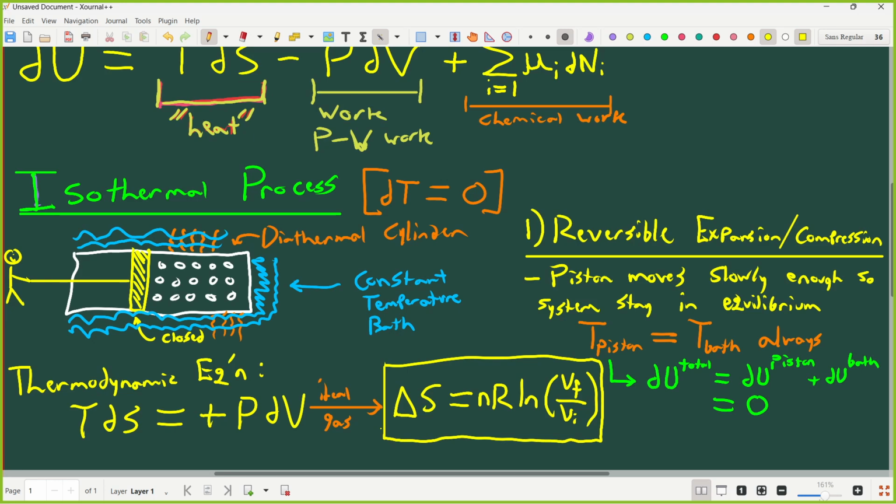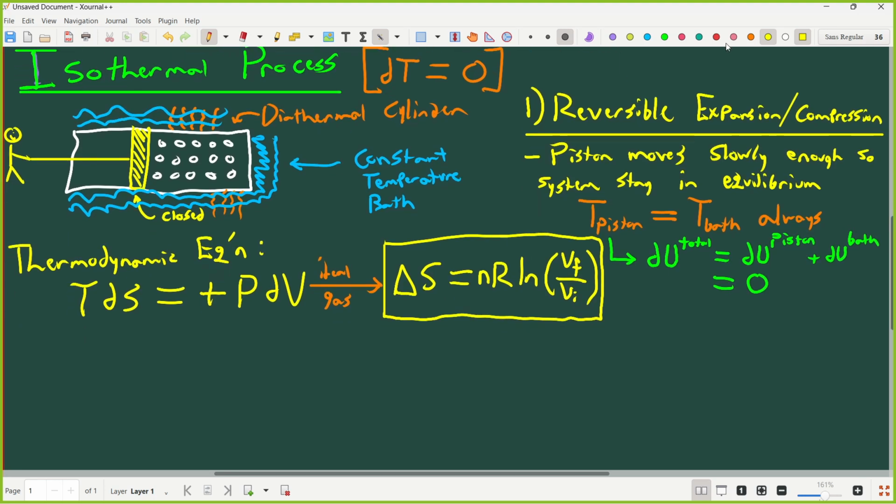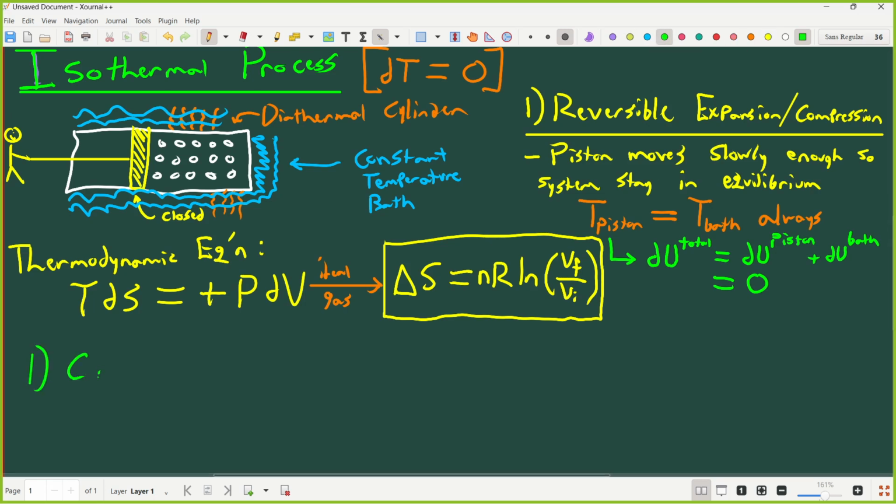So how does the entropy change upon compression? Well, if we're compressing, that means the final volume is smaller than the initial volume. So this ratio is going to be less than 1. So let me just write that. The first one is compression. VI is greater than VF.